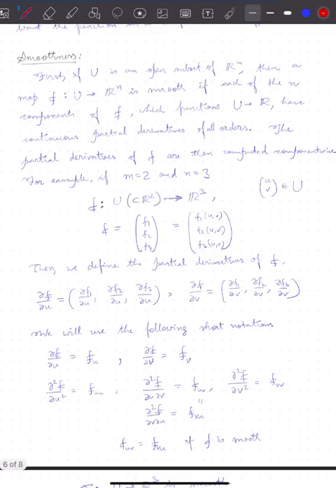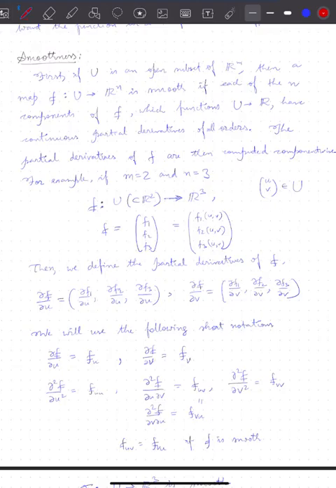Now in surfaces, what we are discussing is that we take m equal to 2, in the sense that locally a surface seems to be some sort of 2D object, or defined by a 2D coordinate space, right?